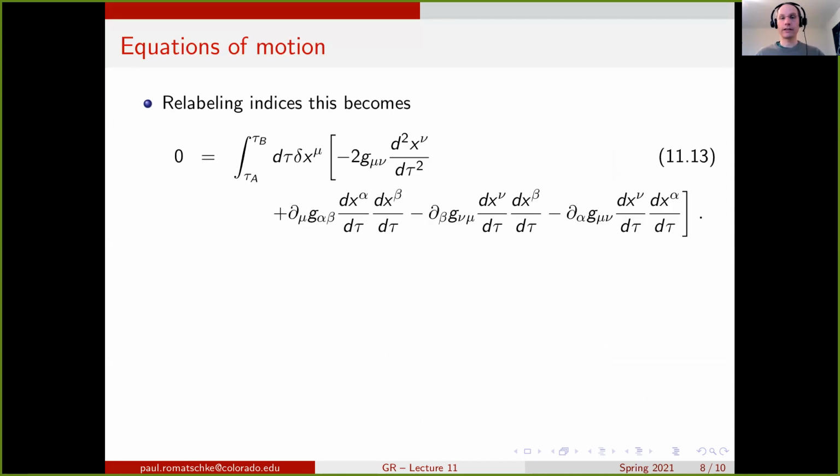If we relabel indices so that the expression becomes slightly simpler, we find the following equation here. So we have a metric, second derivative of x nu with respect to proper time, and three terms that contain derivatives of coordinates with respect to proper time squared and derivatives of the metric.